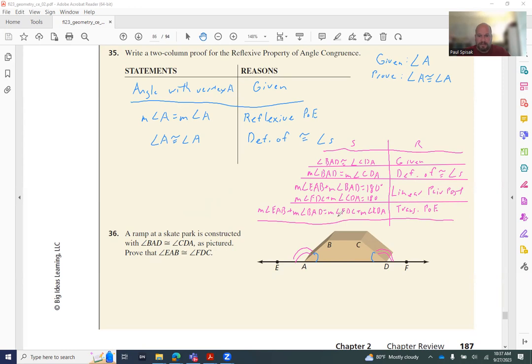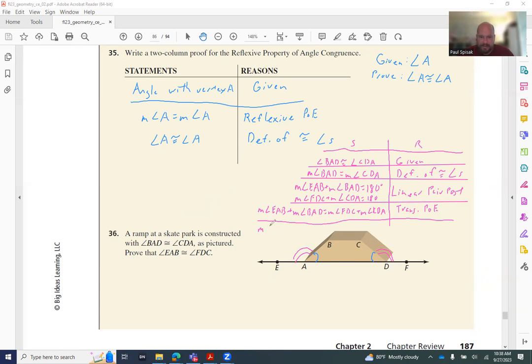Actually, no, two lines. There's still two lines. We know that these angles were equal back up here from line 2, so it doesn't matter which one I switch out, but I need to switch one of those out. Let's see, BAD and CDA. I'm going to replace the CDA at the end with BAD.